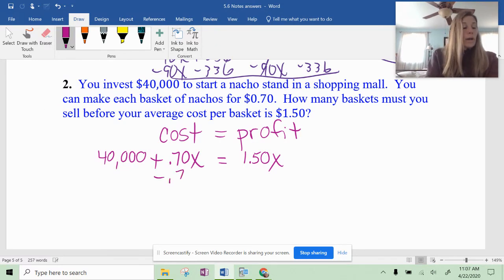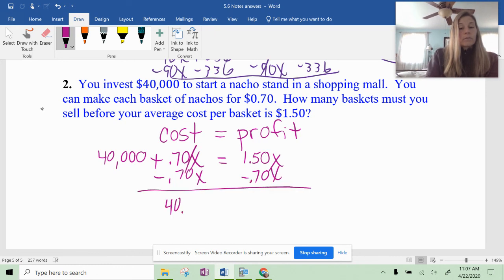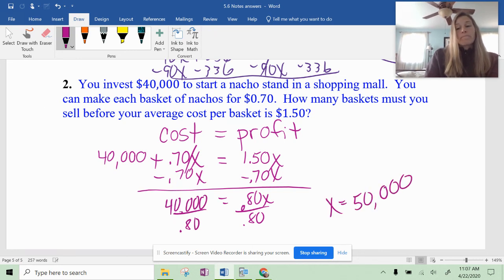So we're going to subtract the 0.70, and that gives us 0.80, and then we would divide by 0.80, and we end up with x equals 50,000. All right, and that's it.